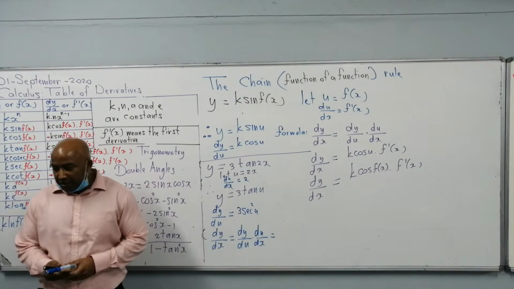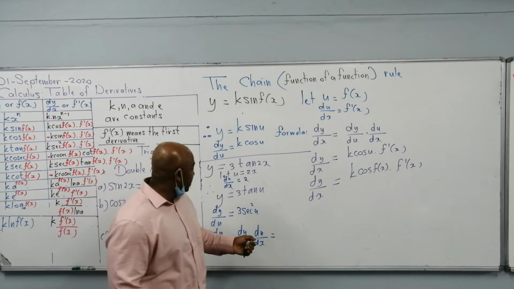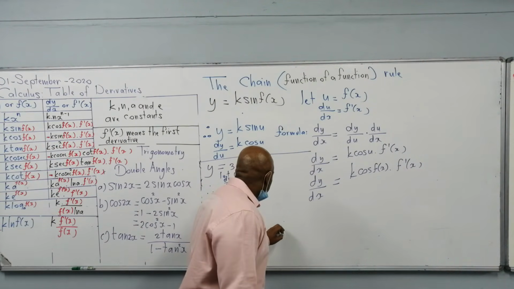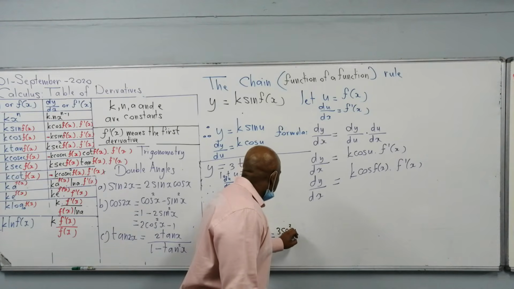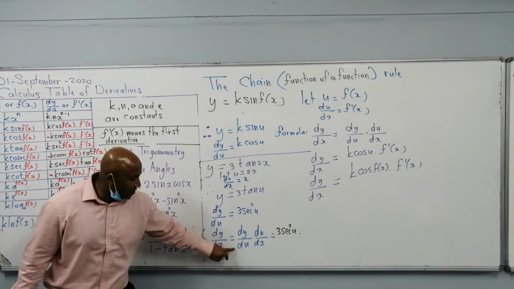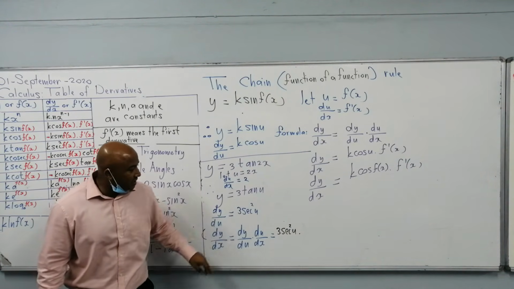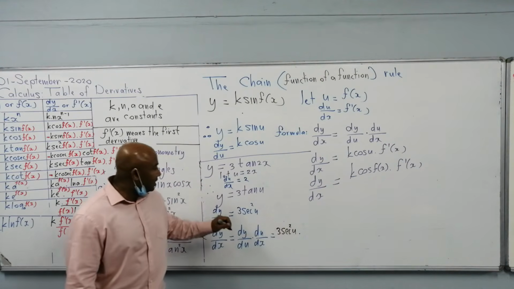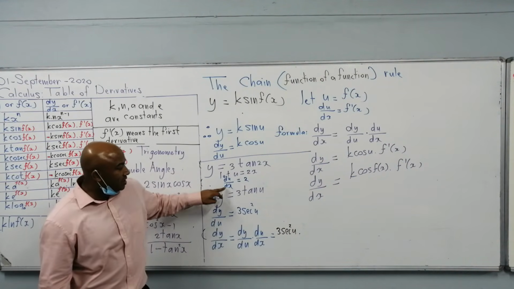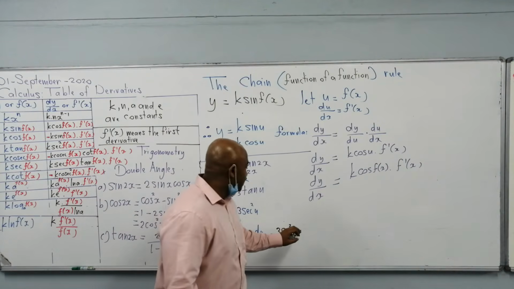And then I do my substitution. What is my dy over du? It was 3 sec squared of u. Here's my dy over du, you can see that. Times du over dx. My du over dx is 2.